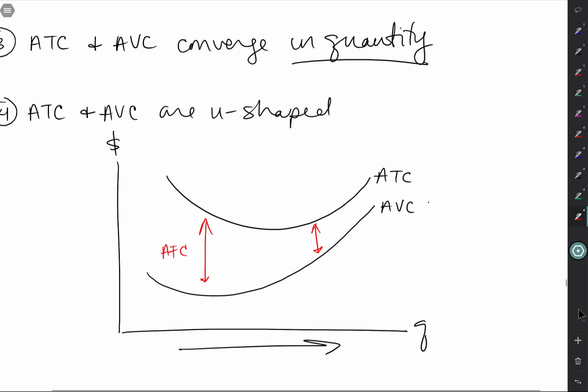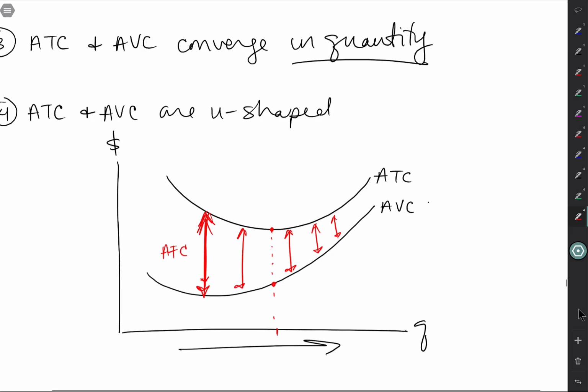For this particular unit, here's the average variable cost. Add to it the average fixed cost, you get to average total cost. So the gap between these 2 U-shaped curves is average fixed cost. And notice that the gap, as we produce more, is getting smaller, as it should be. Why?